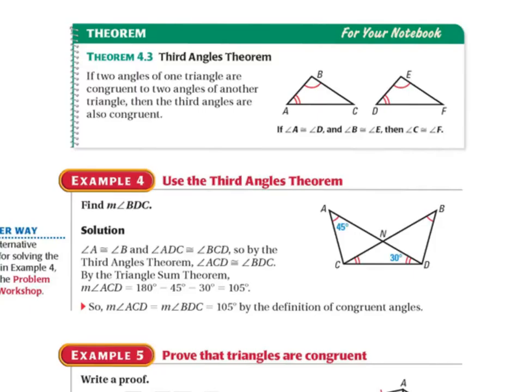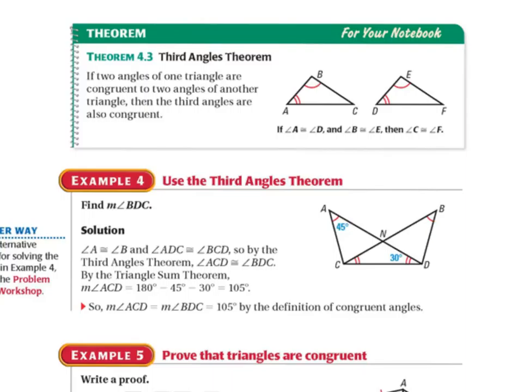So we can go down here to example 4 using the third angles theorem, and we're trying to find the measure of angle BDC. So BDC. And you can see we have this angle here is 45. It also has our one little line there, and this has our one little line over here.